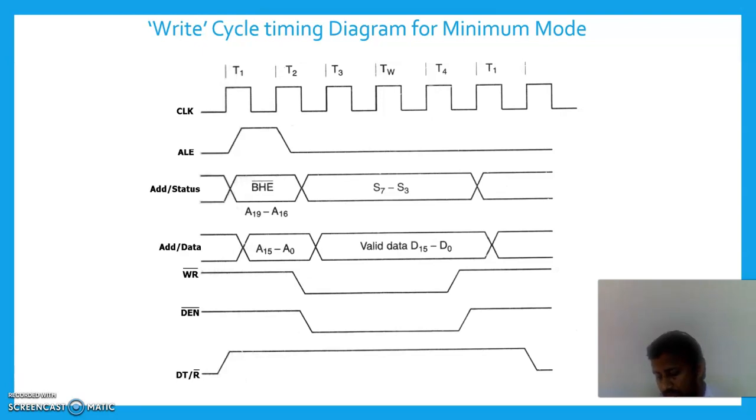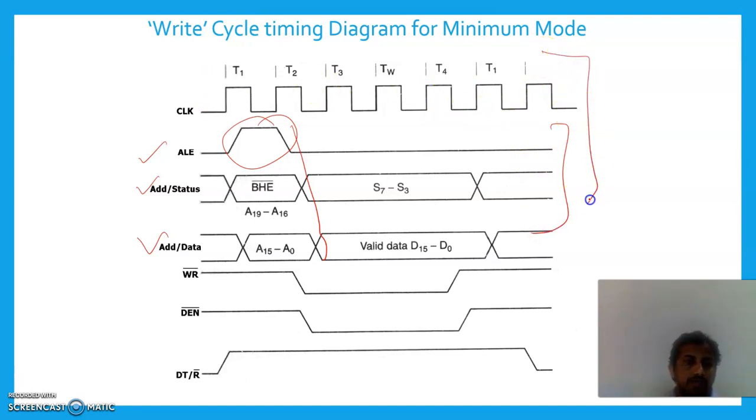For memory read and memory write, the common thing is that the address latch enable signal is high for the first clock period only. The timing diagrams for these are obviously the same in terms of clock.